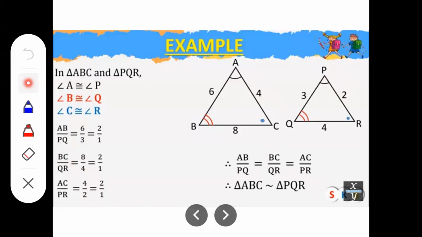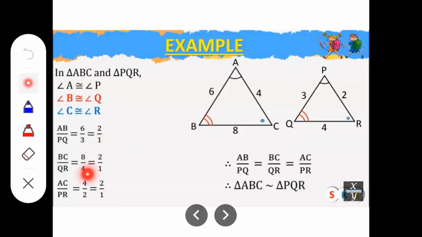And if we put in the values, you can find the values from the given figures. AB equal to 6 divided by PQ equal to 3. So 6 by 3, the value we got here is 2 by 1.